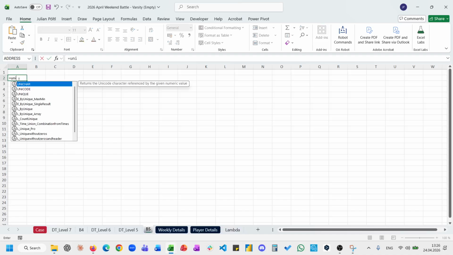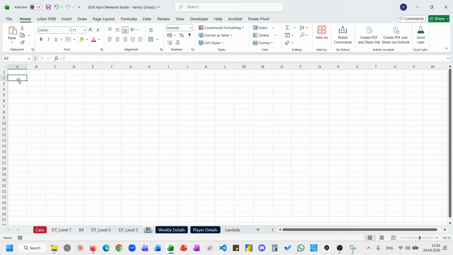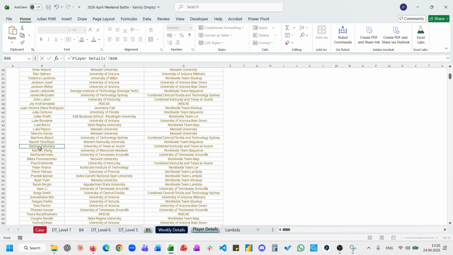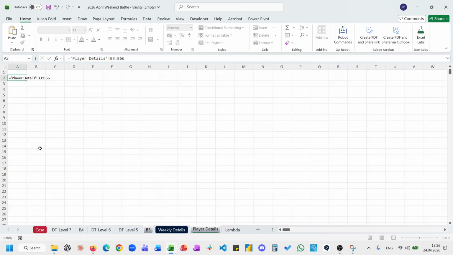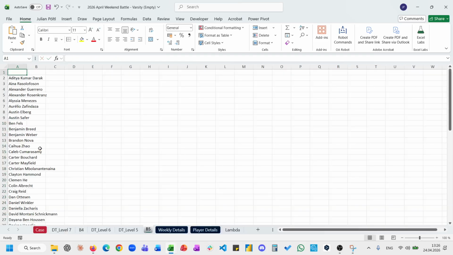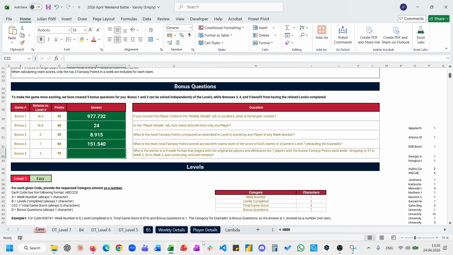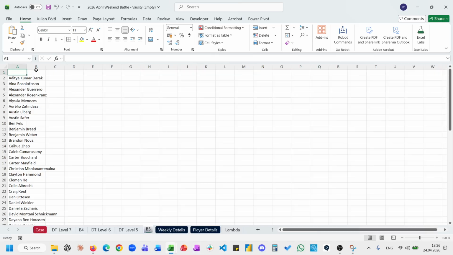Unique players. Although they're kind of unique, I think. 64. Yeah. Okay, 64. Sequence 9 weeks. Okay, let's start with one.